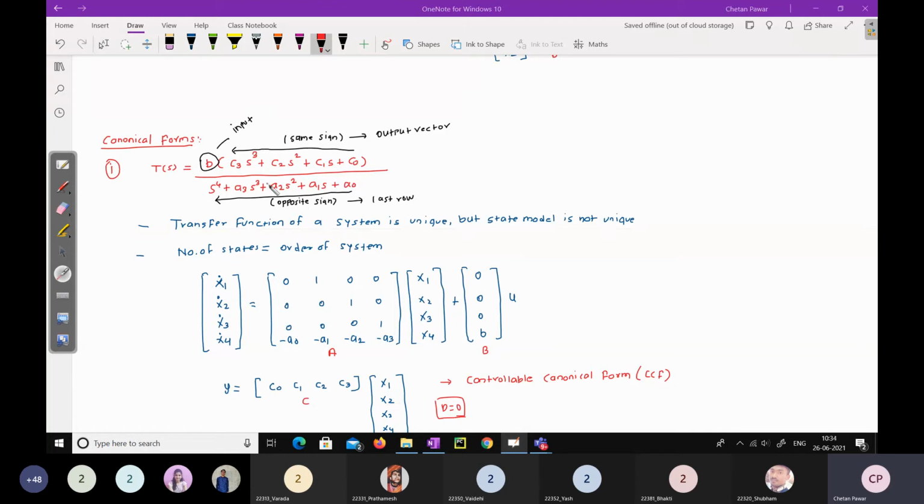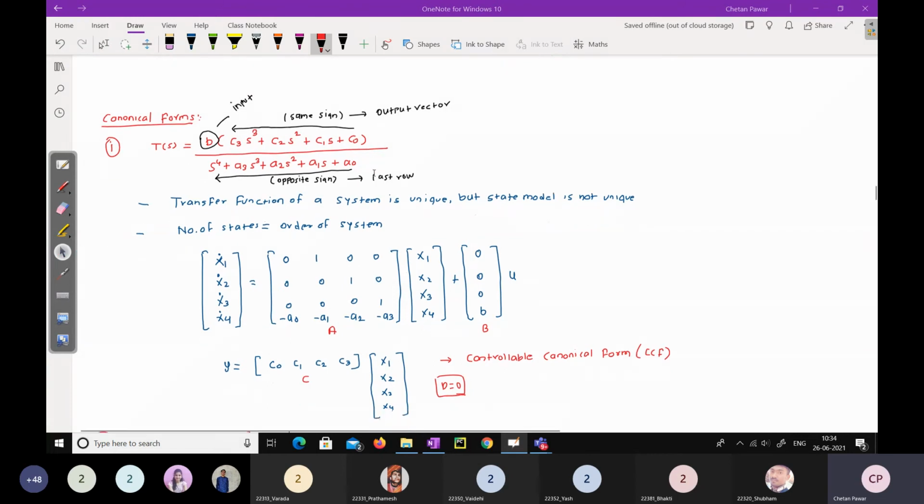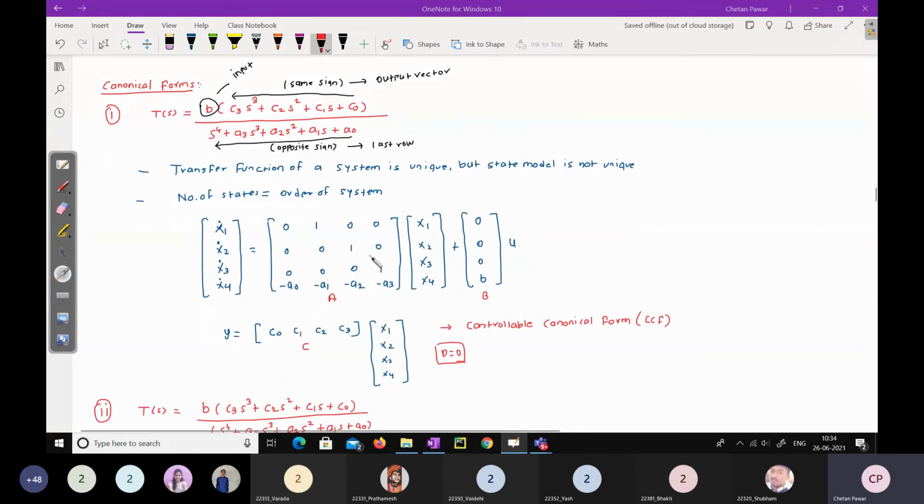Otherwise, there is a long method to find the model. So the thing is fixed. The denominator will decide the last row of the A matrix, this term will decide the last row of the input matrix, and this term will decide the output vector.